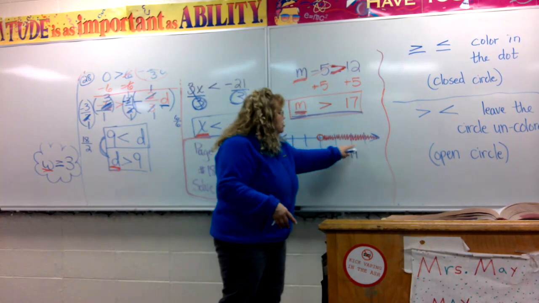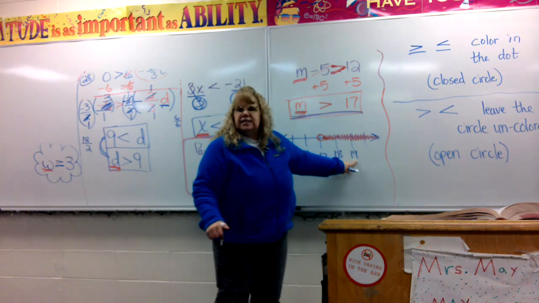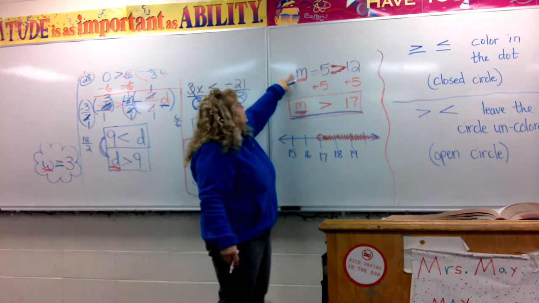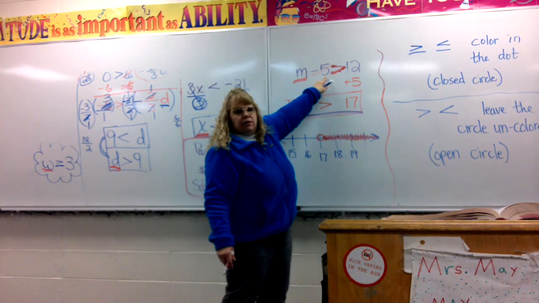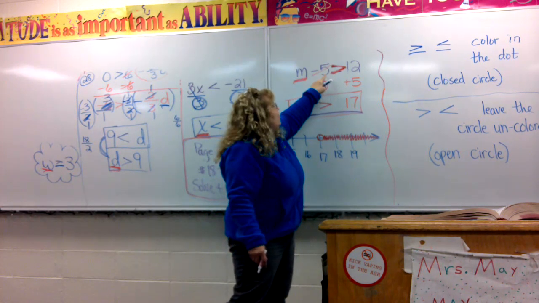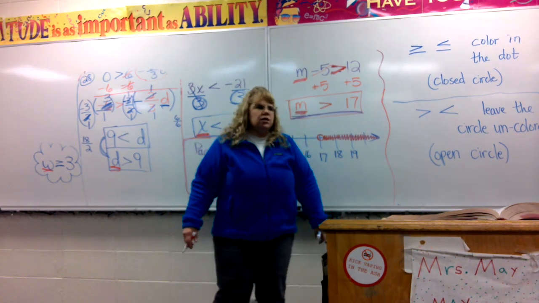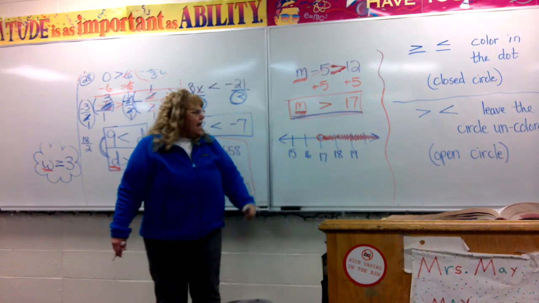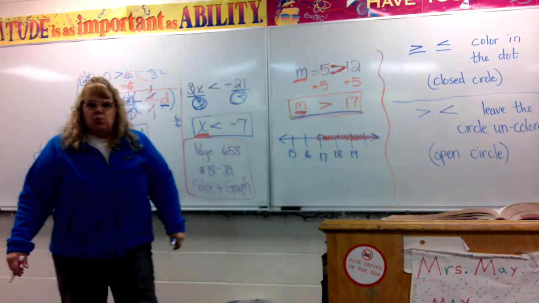Any value that you pick from this region, like say for instance 19, if you plug it back into our original, it'll work. What's 19 take away 5? 14. Is 14 greater than 12? Yes, so it works. So it's just sort of a picture of your solution. And wouldn't you agree that's a lot easier to graph than the XY?